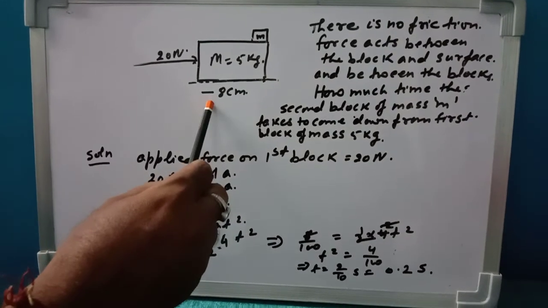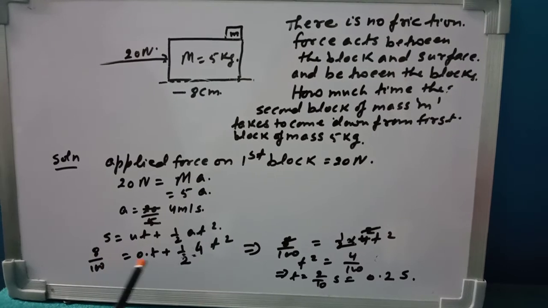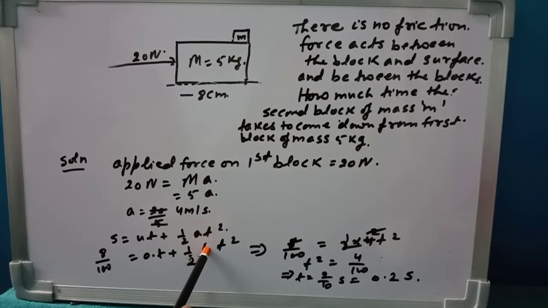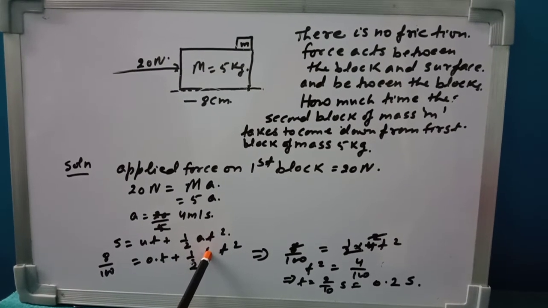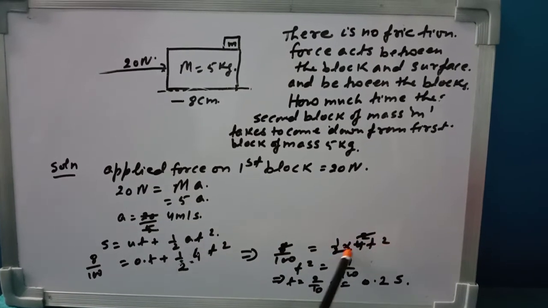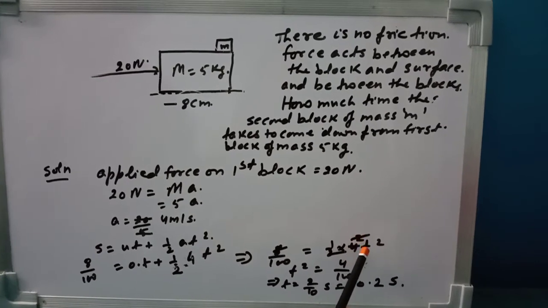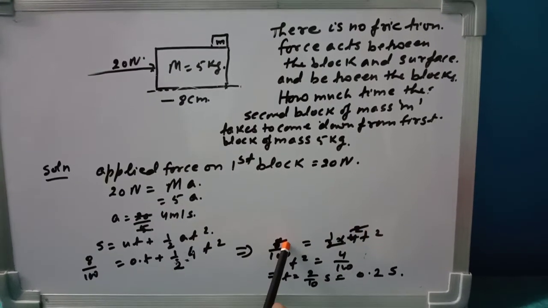The length is given in centimeter, I have changed it into meter. Now this 2 and 4 are cancelled, this becomes 2, and here 8 by 100 is equal to half into 4 into t square. 2 and 4 are cancelled, that becomes 2, and from 2 this 8 is cancelled, becomes 4.